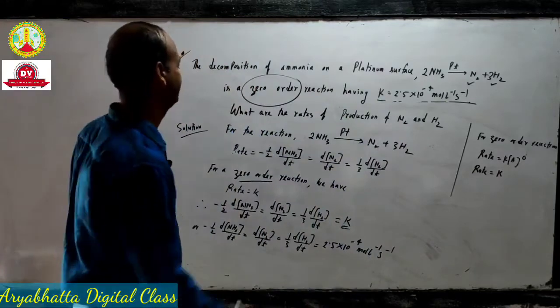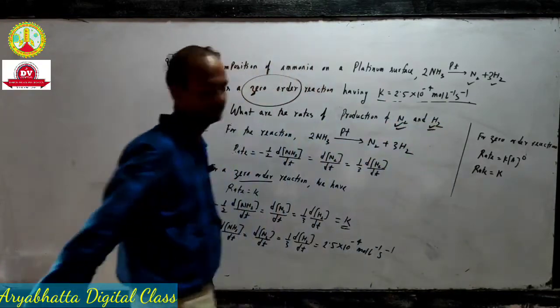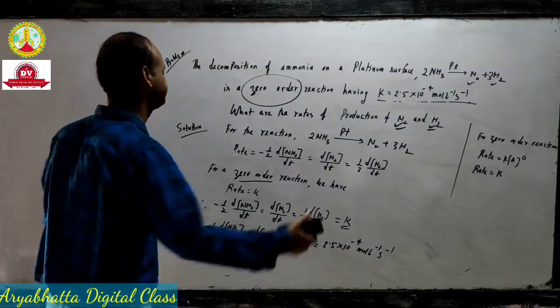Now you are going to calculate the rate of production of nitrogen and hydrogen.